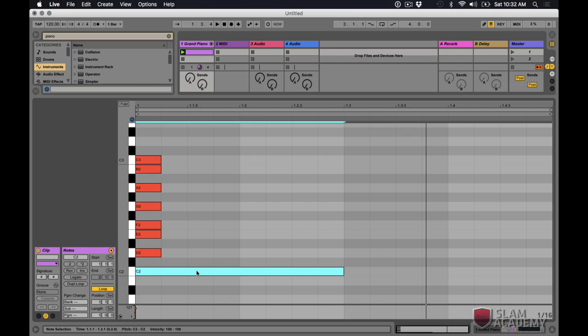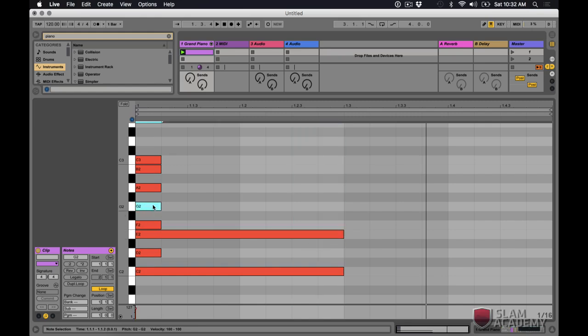Now what we do is we count up the scale, and the secret here is we want the first, third, and fifth, which another way to say that would be every other note in the scale. So this is the first, this is the second, this is the third. We want that one. This is the fourth, this is the fifth. And there we go. We have a major triad in C major.